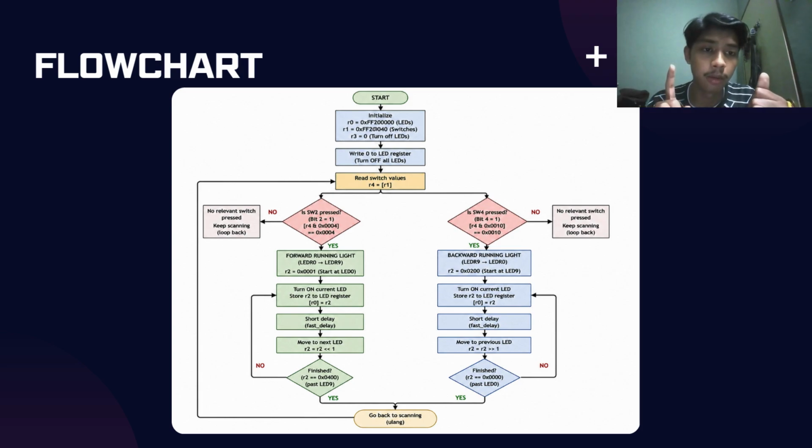It will go to the short delay, move to the previous LED, and finish? No, not finished, because we are only at R9, we need to go to LED R0.